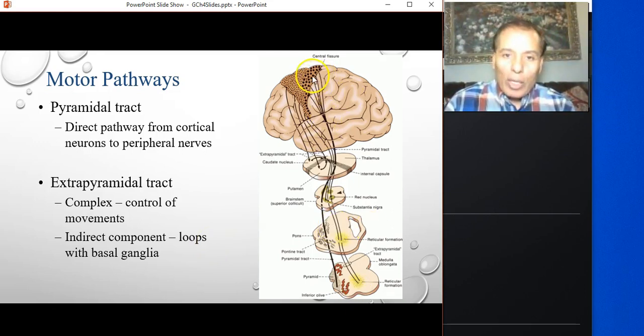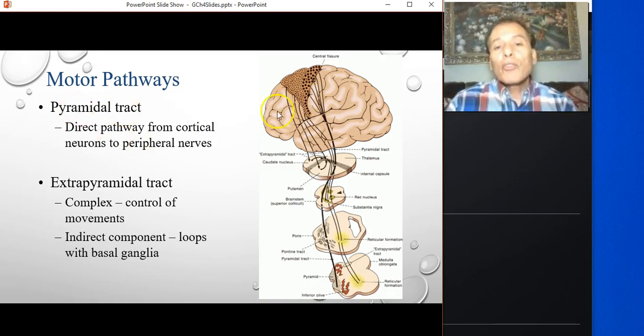So that pathway comes from different areas, and as it goes down, for example, it makes something that's called the pyramidal tract. It's motor. And then there's also a part that is called the extrapyramidal tract. They are responsible for movements.